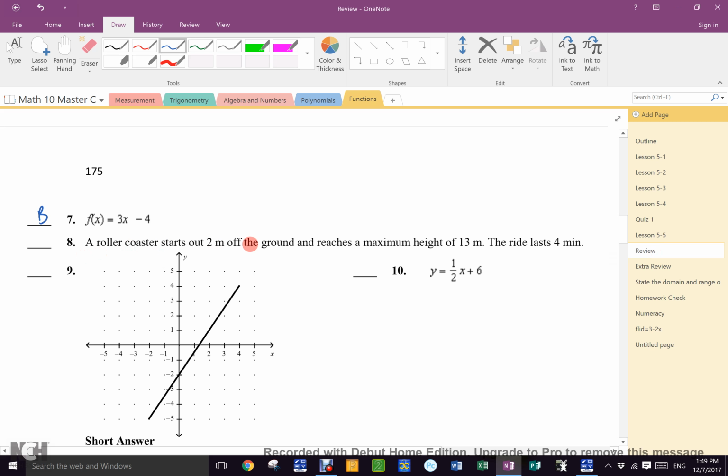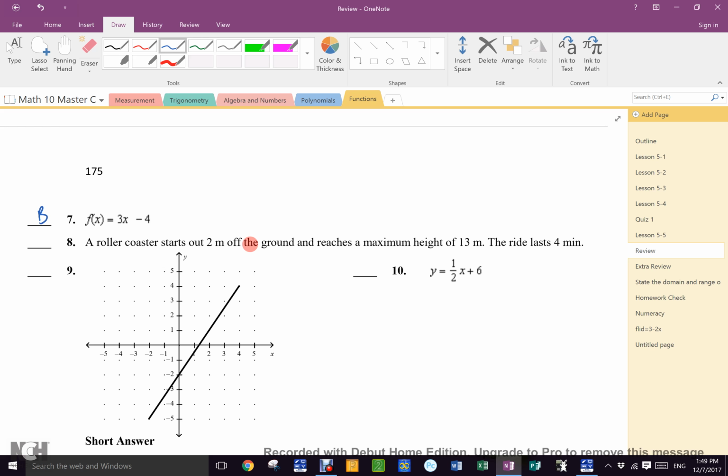So, now, 8 was tricky. What are the two things being counted? Time and height. Which one of those is independent? Time, which means that is the domain.